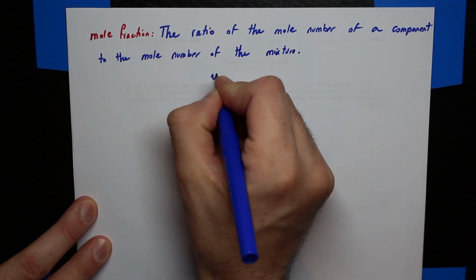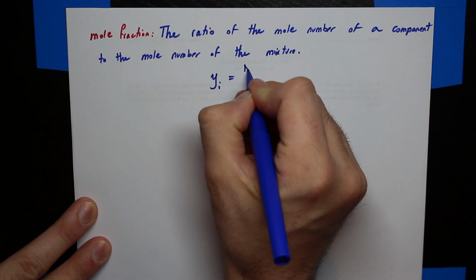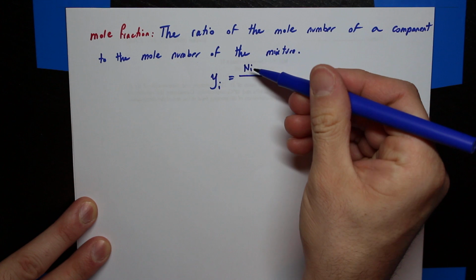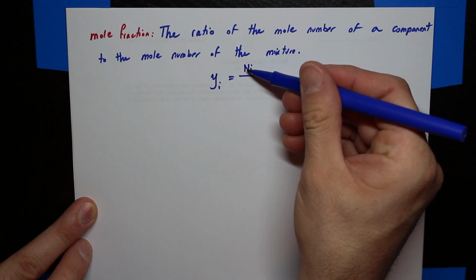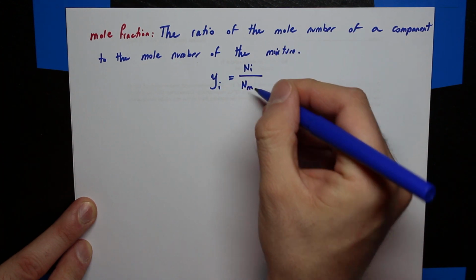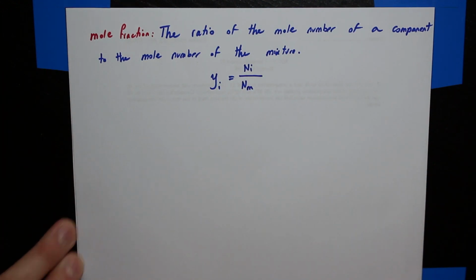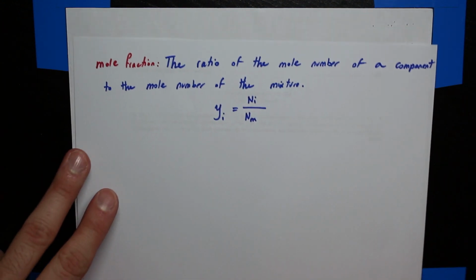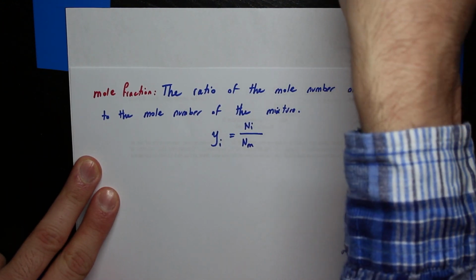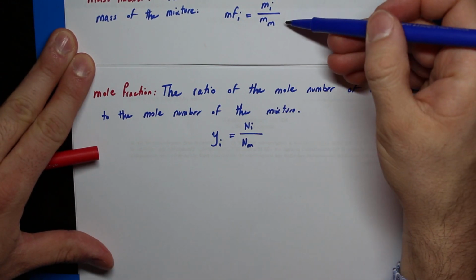So we show that with y subscript i, this is the mole fraction, equal to the moles of one component, N_i, over capital N_m, the number of moles in the mixture. So obviously, the sum of mole fractions is equal to 1.